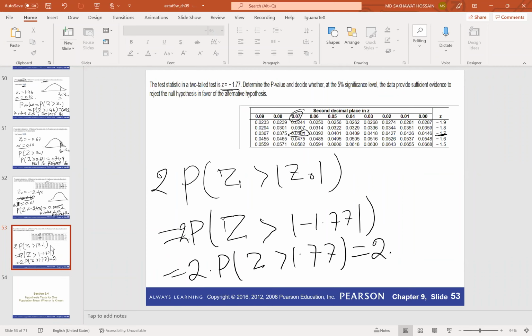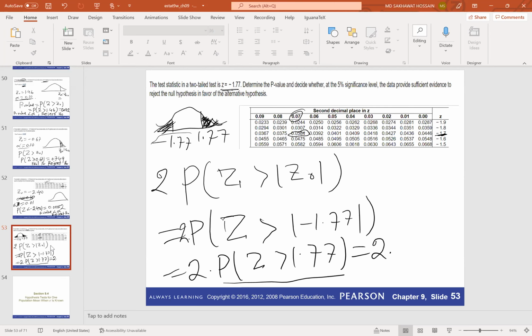Okay. So now you can ask me why we are looking at the negative number. Actually, the normal curve is symmetric, right? So this is 1.77 and this is negative 1.77. If you look at this number, you will get this area, and this area is the same as this area, right? And here we are actually looking for this area. But in the table, we have all negative numbers.